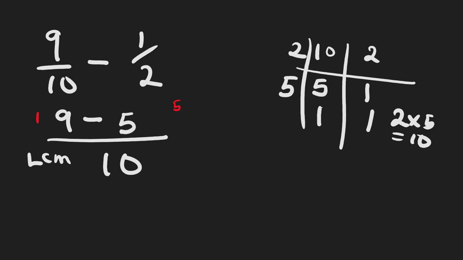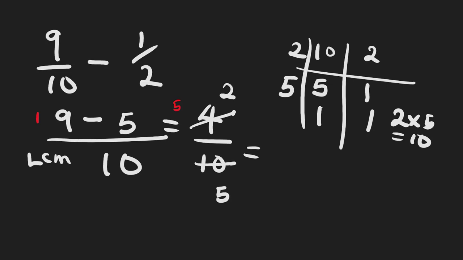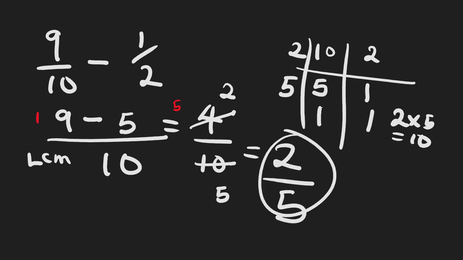So 9 minus 5 is actually 4. So we have 4 over 10. 2 can divide both of them, so we can say 2 here to reduce to the lowest term. 4 divided by 2 is 2, and 10 divided by 2 is 5. So our answer will be 2 over 5. This is the answer.